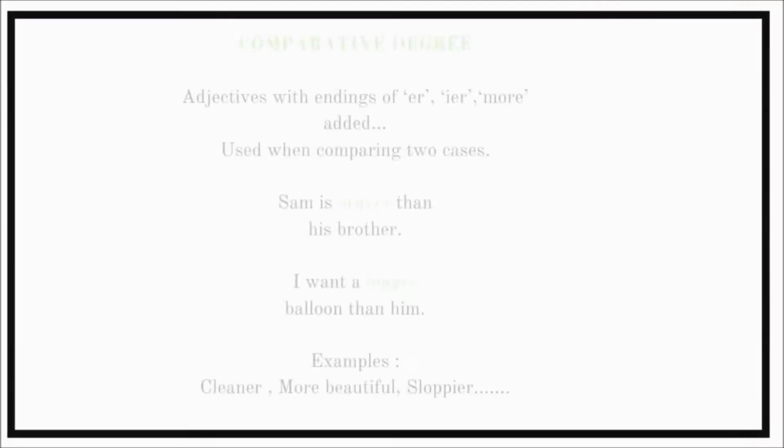Let's talk about the comparative degree of adjectives. These adjectives have the endings of er, ier, and sometimes certain adjectives have an addition of more. So when do we use comparative degree of adjectives? We use them when we are comparing two cases.